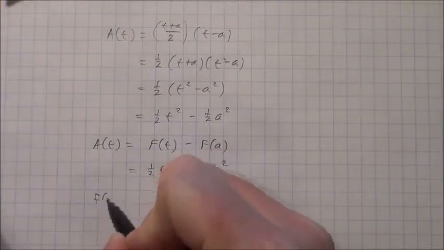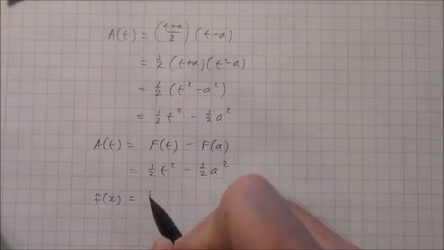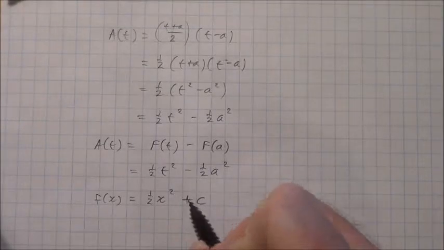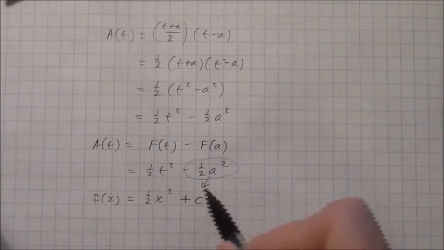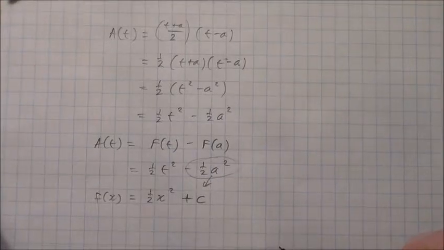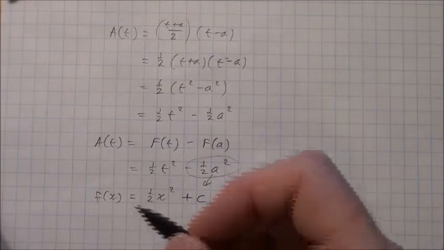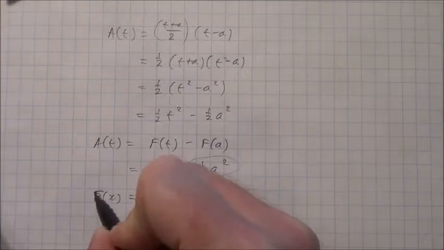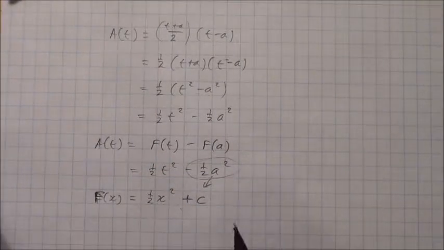So F of x then is 1/2 x squared plus c. Because that's a constant, we're going to let negative 1/2 a squared be c. Okay, so that's our uppercase F of x, which is the integral, or the antiderivative, of f of x equals x.